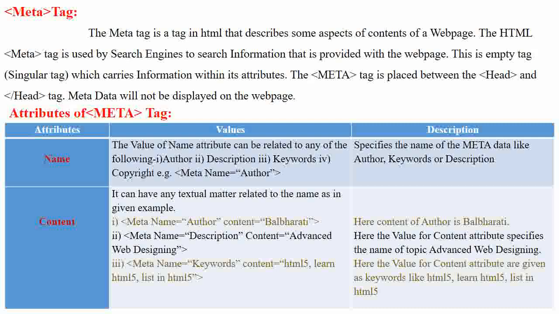Here the value for the content attribute specifies the name of the topic, advanced web designing. Meta name equal to keywords, content equal to HTML5, learn HTML5, list in HTML5. Here the values for the content attribute are given as keywords like HTML5, learn HTML5, list in HTML5.